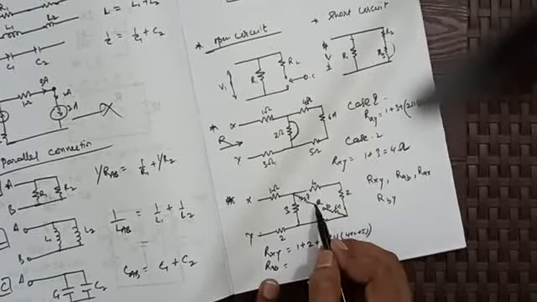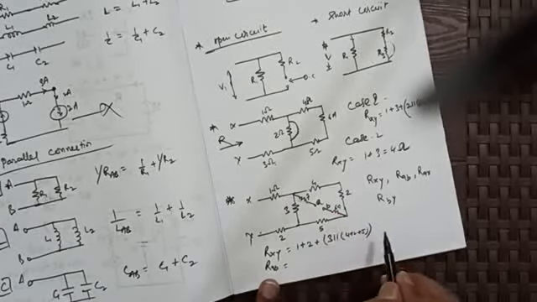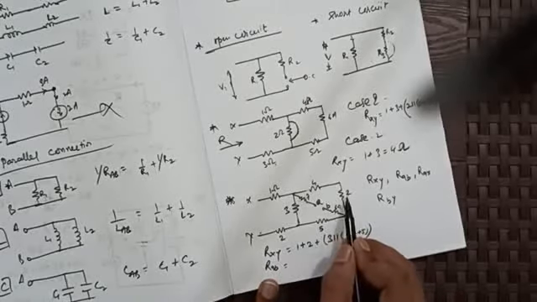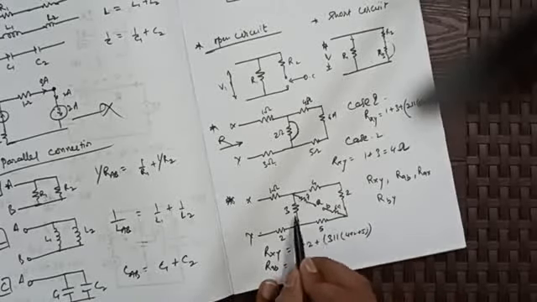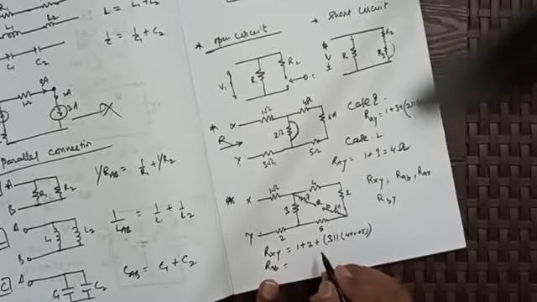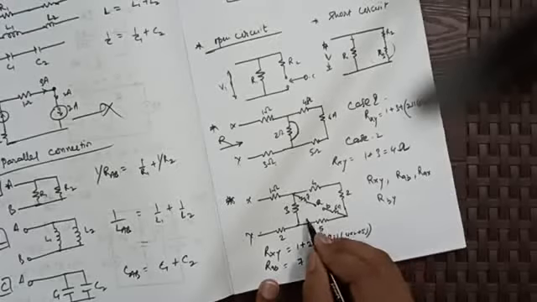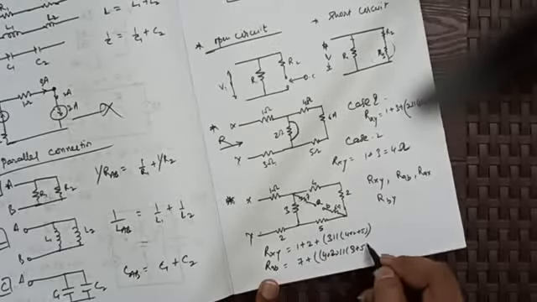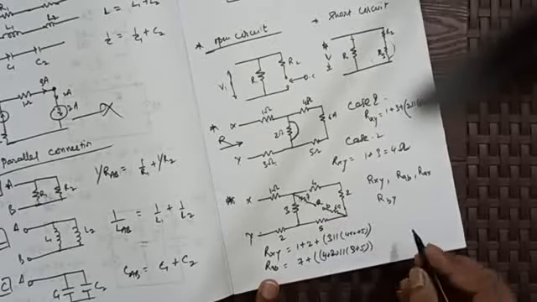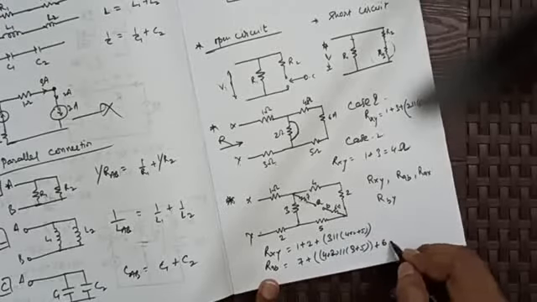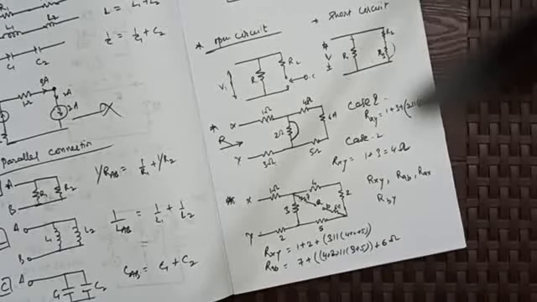So if we flip this resistor here, this 4 plus 2 will be in series, in parallel with this 3 plus 5. Clear? So what will be the RAB? 7 plus 4 plus 2 parallel with 3 plus 5, plus 6 ohm. Clear?